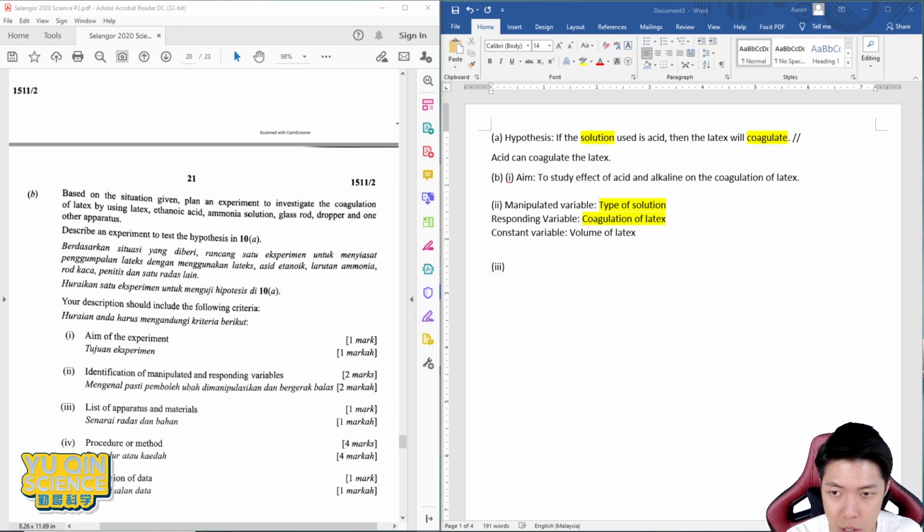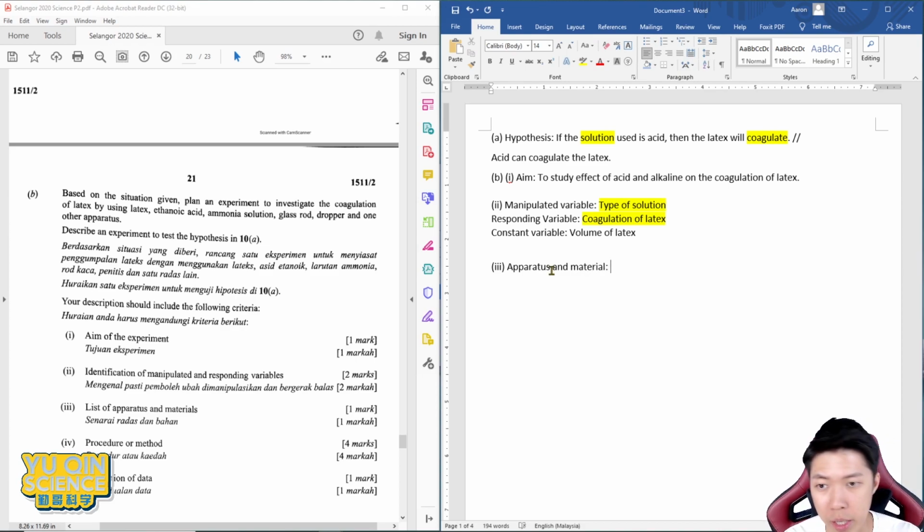Okay, so what is given? Let's see. Latex, ethanoic acid is the acid, ammonia solution is the alkaline, glass rod to stir, dropper to drip the acid, and other apparatus. So I guess that will be your beaker. Let me write this as apparatus and material.